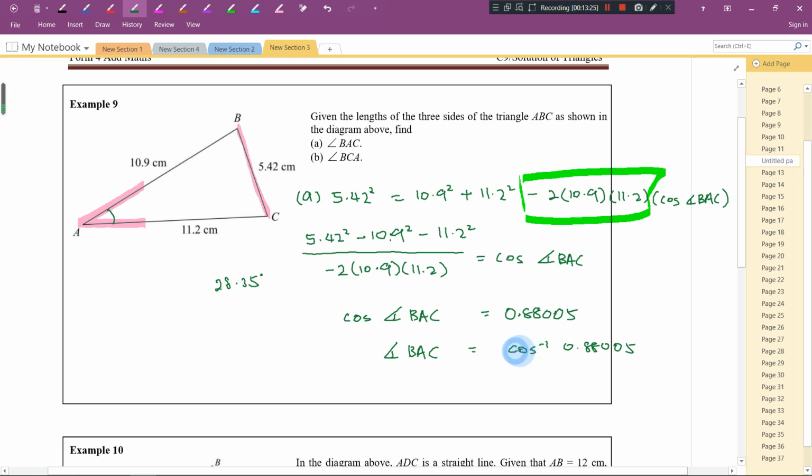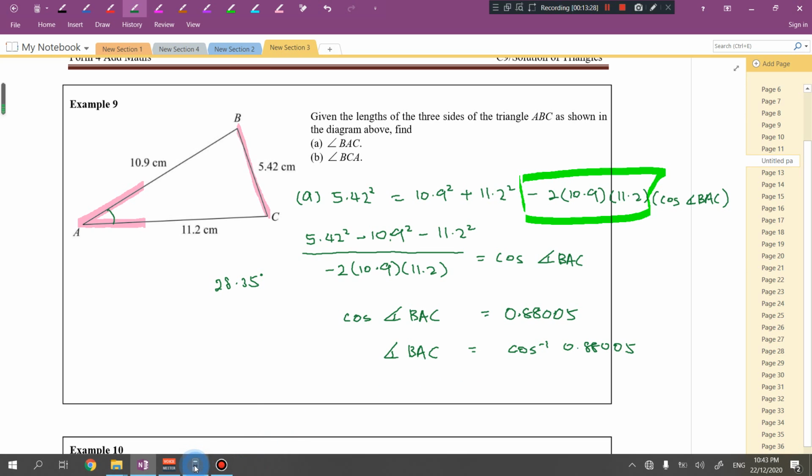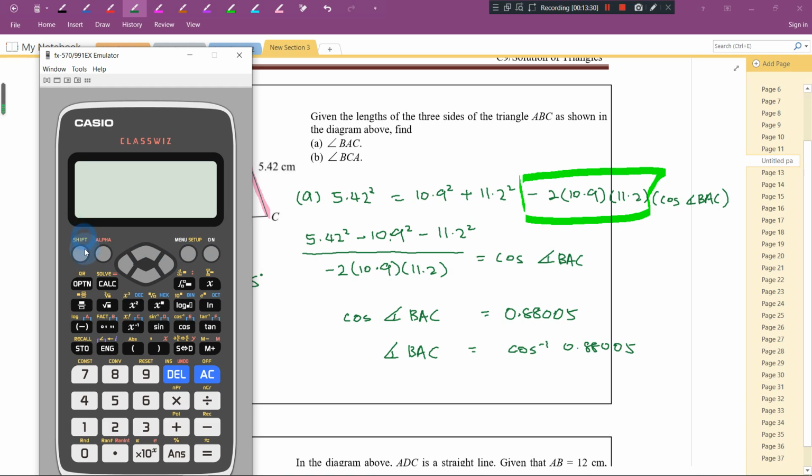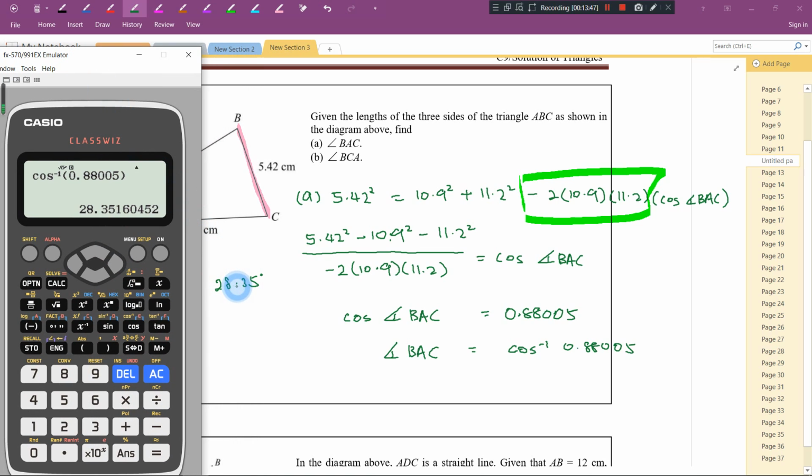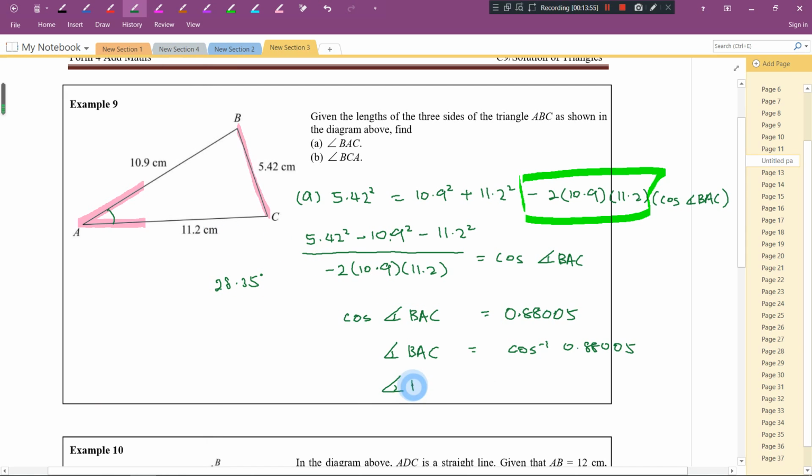This is inverse cosine, and remember when you press the calculator, you have to press shift first. You will see an S here. Then cosine 0.88005. Okay, then press equal. Normally the answer will be very, very close. This is exactly the same, right? 28.35. Okay, so no problem. It's equal to 28.35 degrees.